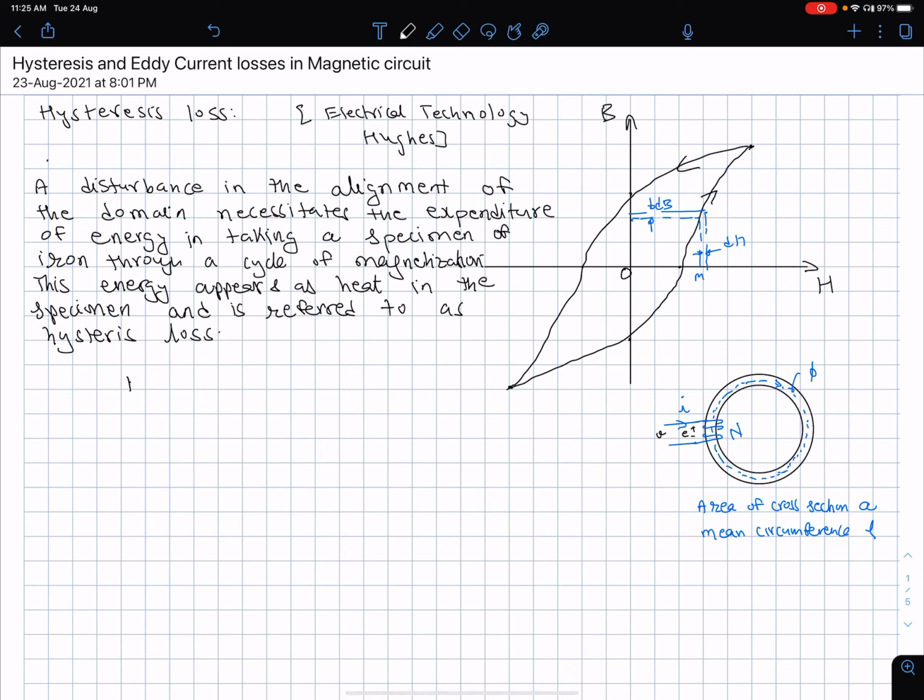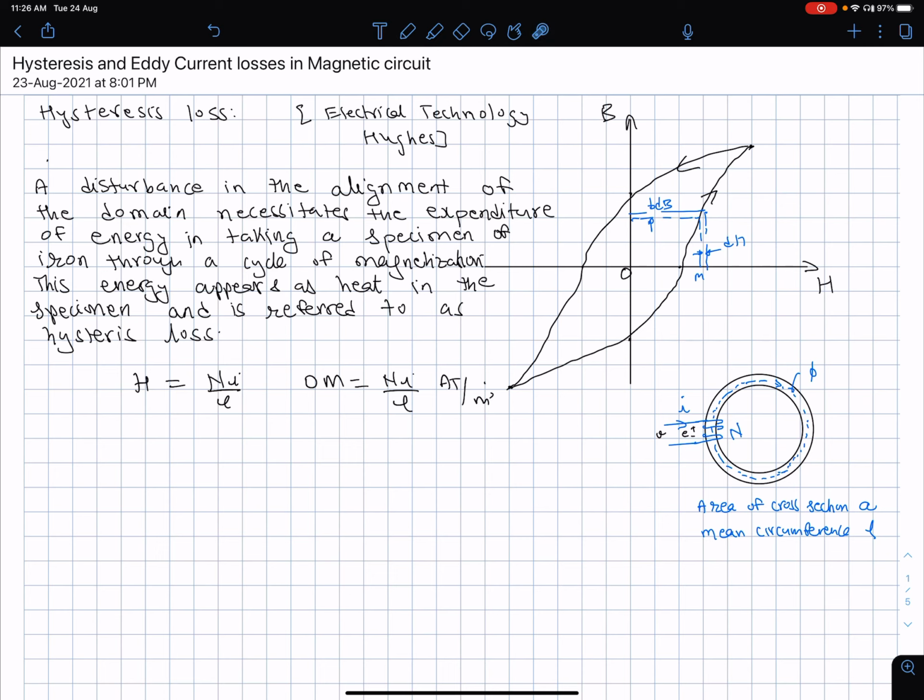So again, recall that H can be written as Ni by L, and in this figure I have taken an operating point at this M. So this OM in our case is nothing but H, at this point of time, in ampere turns per meter.